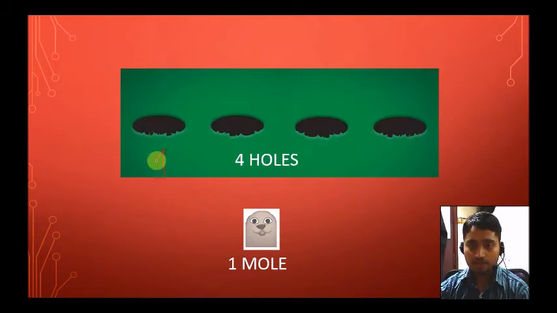Hole number 1, 2, 3, 4. Then there is a mole in your garden. And before moving on to the next slide, I would like to tell that we are considering one and only one mole.